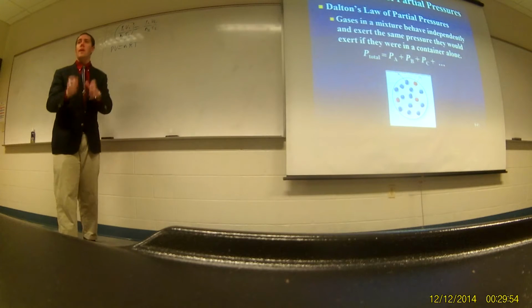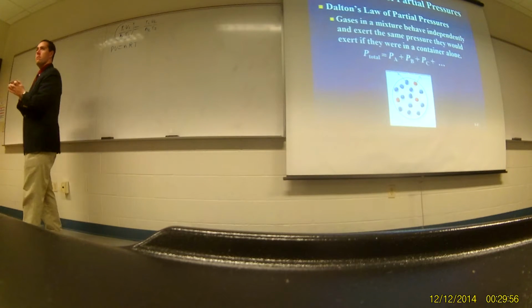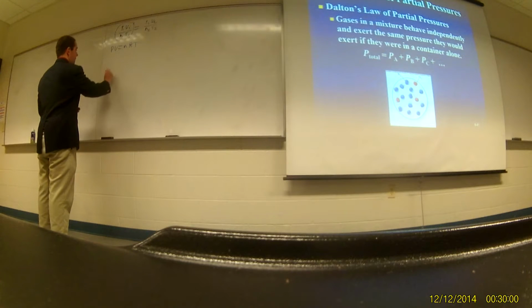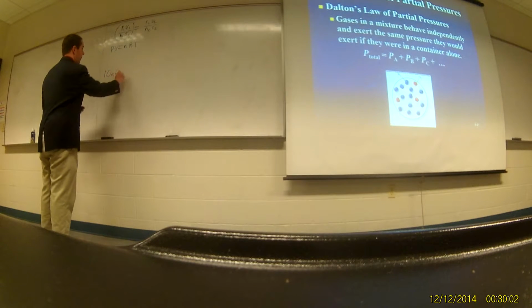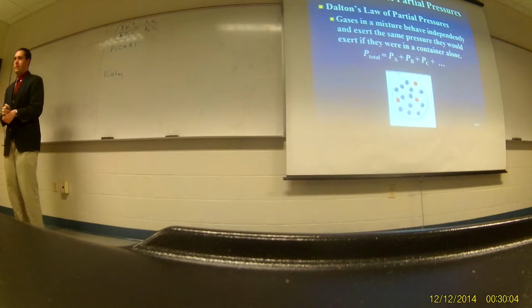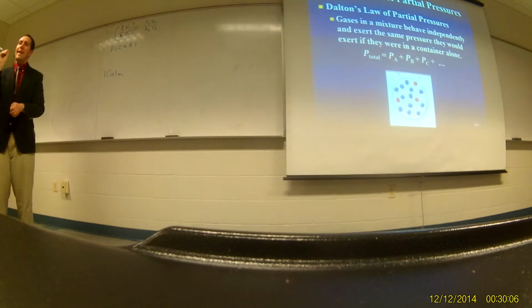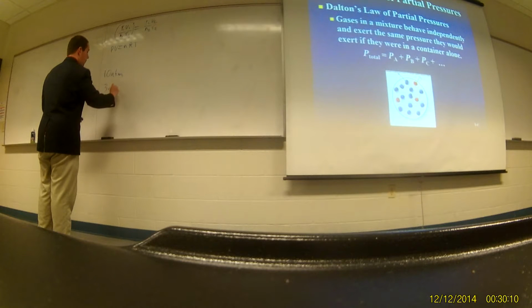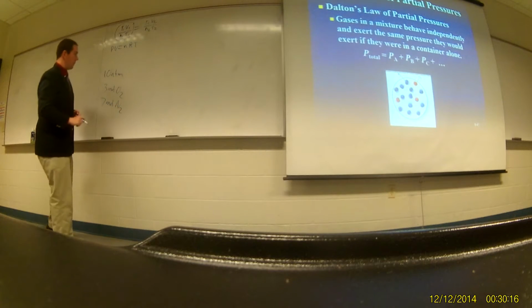Let's say we have a tank, and that tank has a total pressure of 10 atmospheres. I know that in that tank there are 3 moles of oxygen and 7 moles of nitrogen.